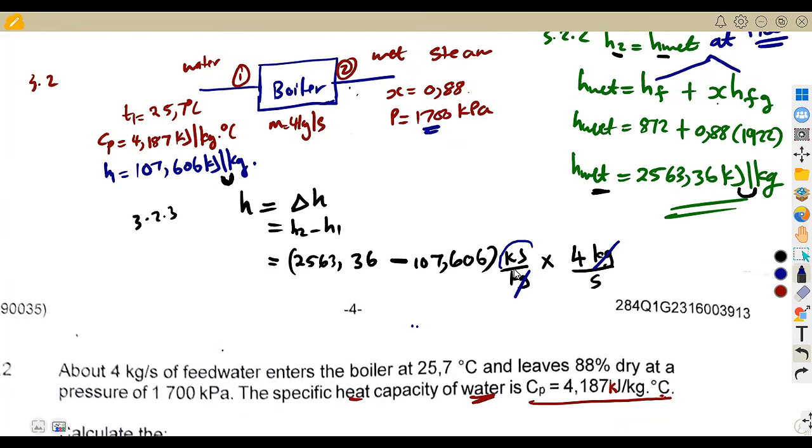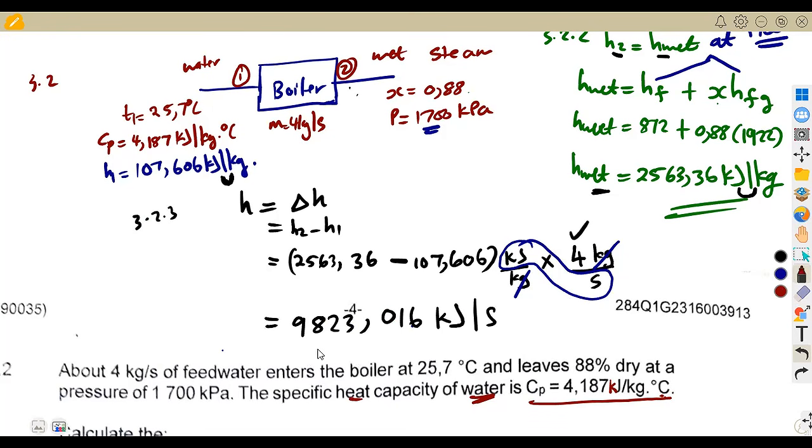Then we have kilojoule per second. Here we are simply going to multiply this part by 4. If we multiply this, we obtain 9,823.016. It's now in kilojoule per second.